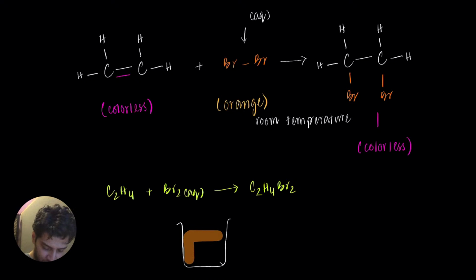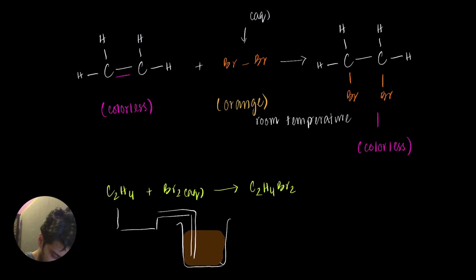It's brown and orange in color, right? And if I put a tube in there, and I'm passing ethene into it. What's going to happen to this beaker? It'll obviously bubble ethene through it. And know that this reaction occurs at room temperature.